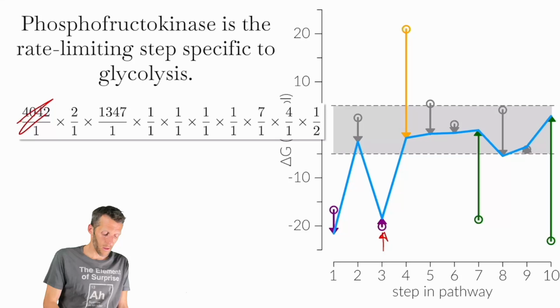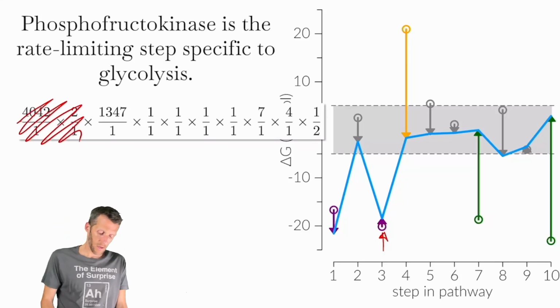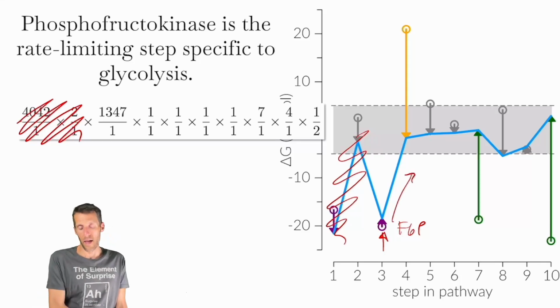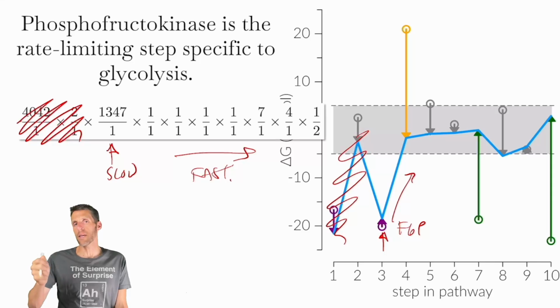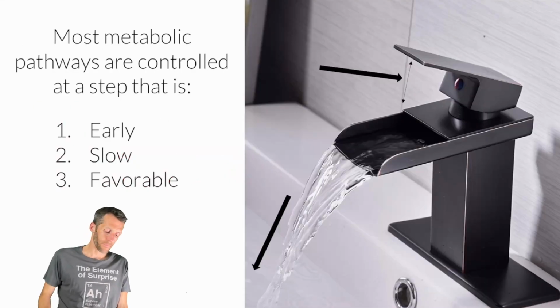So if we think about all of this as pre-glycolysis, we have this fructose 6-phosphate going forward. This is slow. Everything else is fast. We have a pattern of a slow step at the beginning. That's the rate-limiting step on glycolysis, and then all this downstream fast stuff.